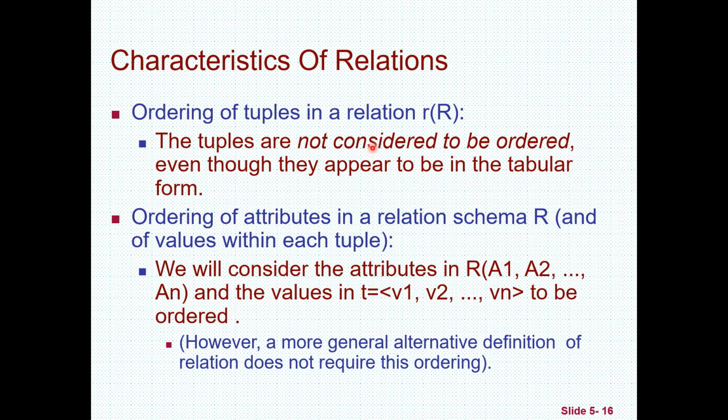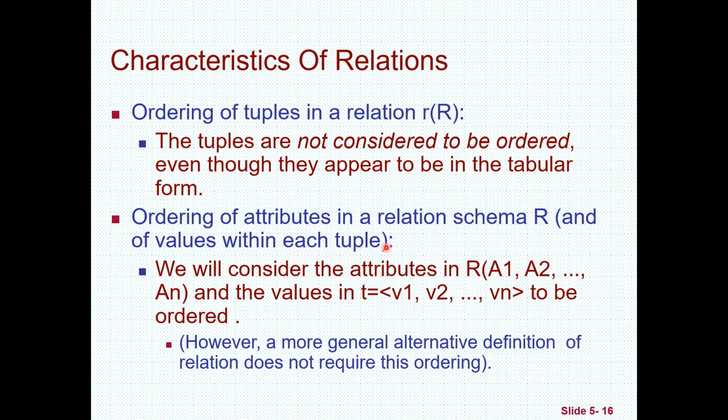Now let us look at characteristics of a relation. Ordering of tuples in a relation: the tuples are not considered to be ordered even though they appear to be in tabular form. So the data is not ordered in a relation. Another characteristic: ordering of attributes in a relation schema and values in each tuple.